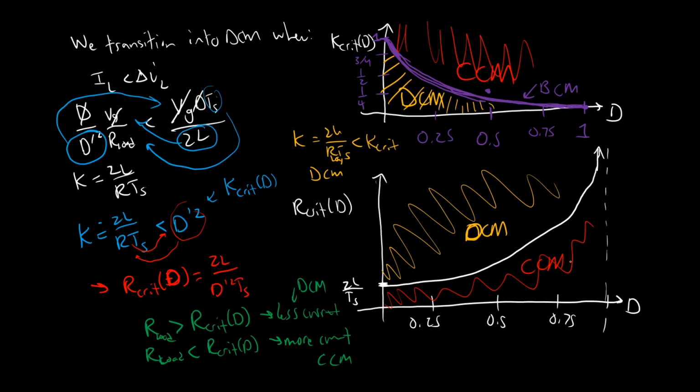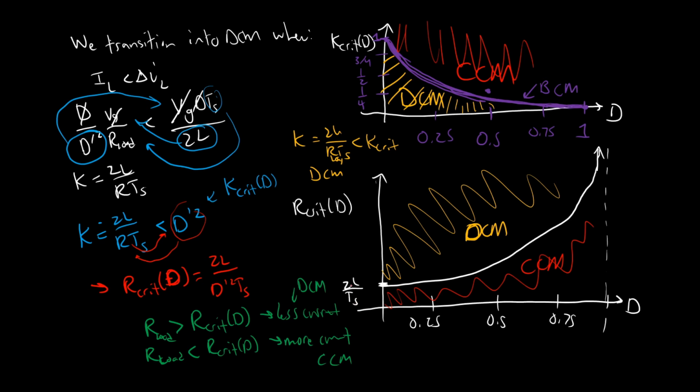So what is this asymptote saying? It's saying that if we have a really large D, then it's really hard to be in DCM, basically, right? Because we're more likely going to be under this curve. And then when D is small, we have to make sure that we're above this 2L over TS.